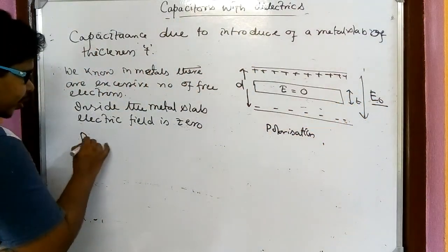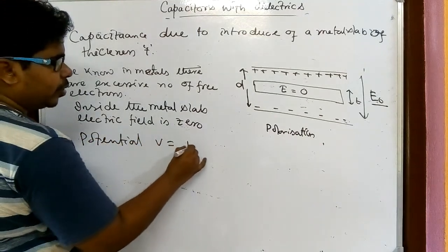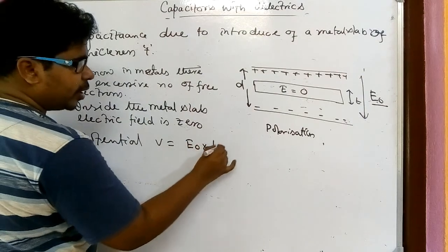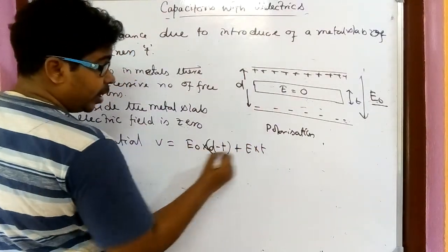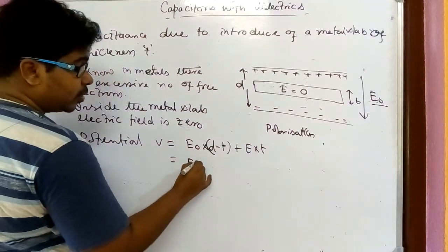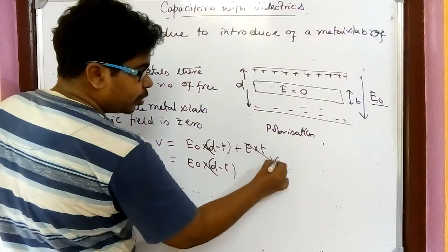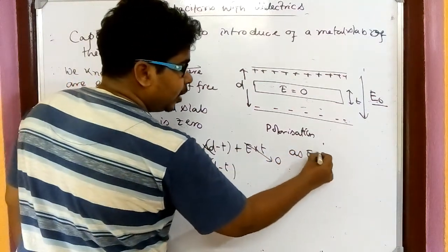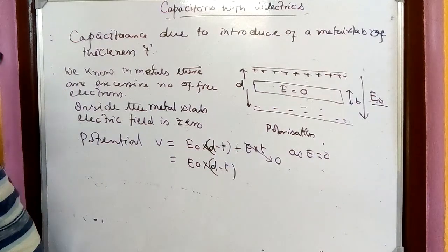So the potential V equals E naught into (D minus T) plus E into T, where E equals 0. So E naught into (D minus T), and the second portion goes to 0 as E equals 0 in the case of metal. So this is the potential.